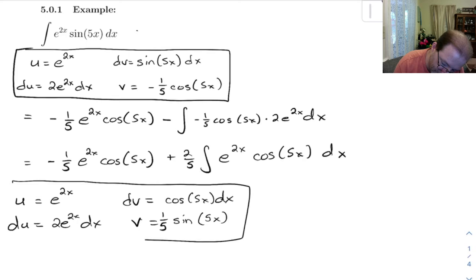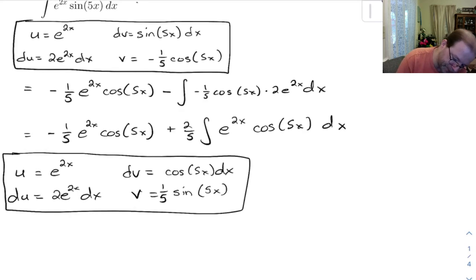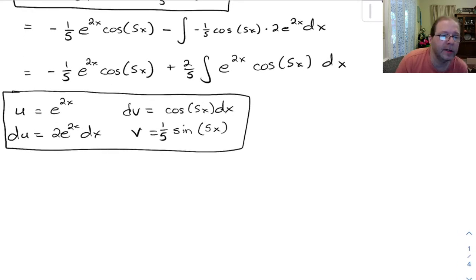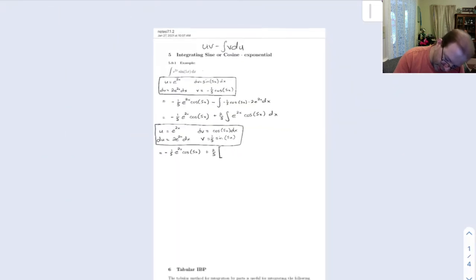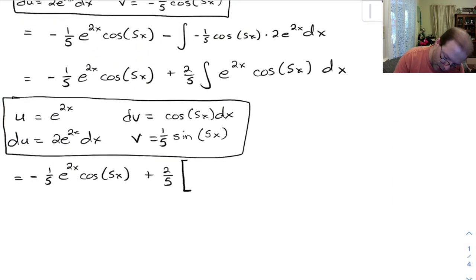And so now we have to rewrite things using this. So we've got our integral is equal to negative 1/5 e to the 2x cosine 5x plus 2/5, big bracket. Now I've got to do uv minus integral v du. In the interest of space, I'm going to do this in one step.